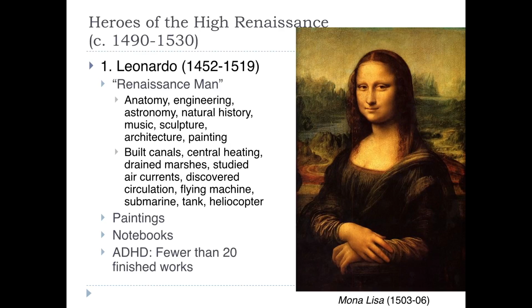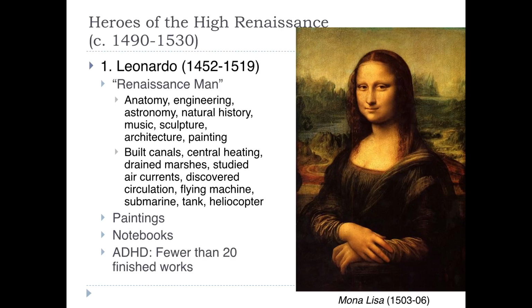He invented a kind of flying machine. He had prototypes in his notebooks for a flying machine, which included what today we call a helicopter. And then the principles behind a submarine and a tank.